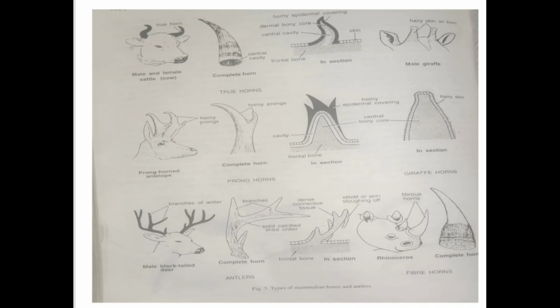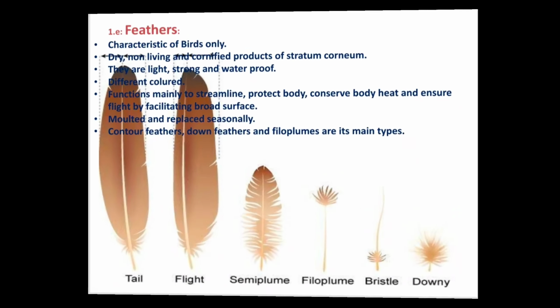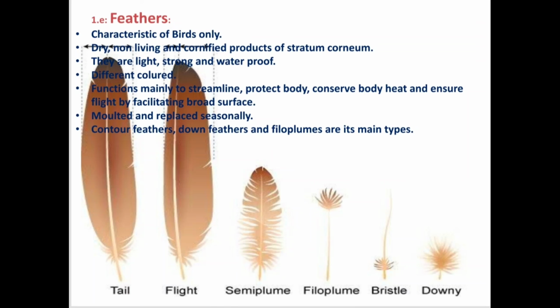Now the feathers. Feathers are characteristic of birds only. They are also epidermal in nature, dry, non-living, cornified products of the stratum corneum of the epidermis. These unique structures are light in weight. They are a flight adaptation, as they are light in weight, and they conserve body heat.